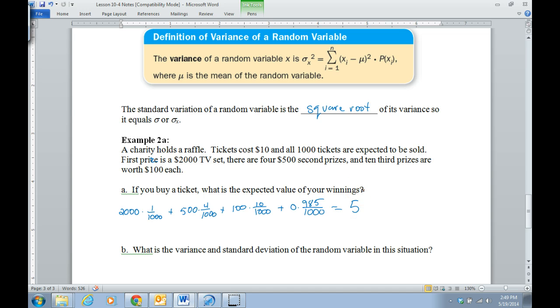Okay? So on average, what this means is on average the charity earns $5 for each ticket they sold because they sold them for 10. So you might want to write that.